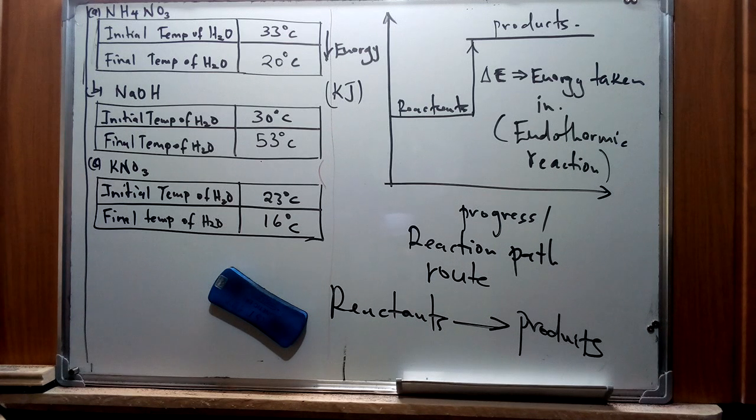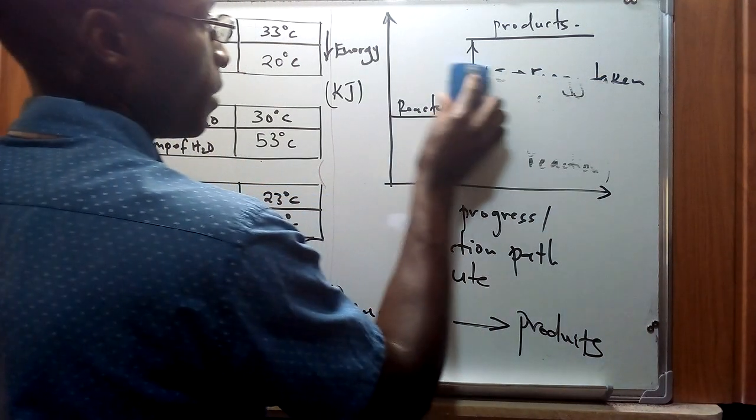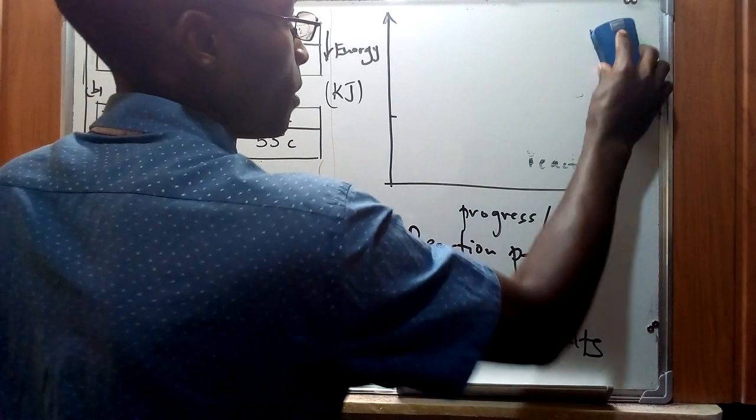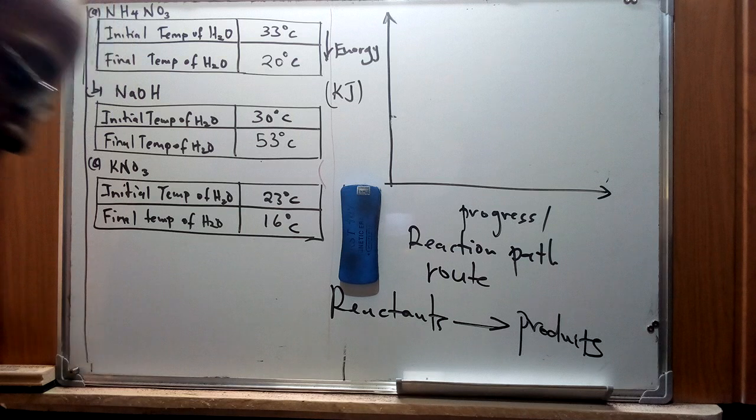And suppose we have the one that is losing energy from the system to the surrounding, then we're going to use a different graph, which is going to form the opposite of the one we have illustrated.